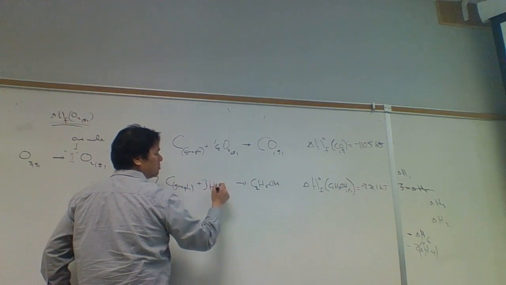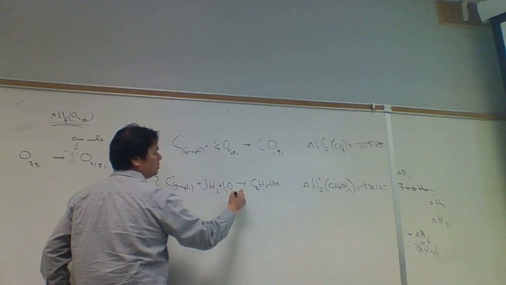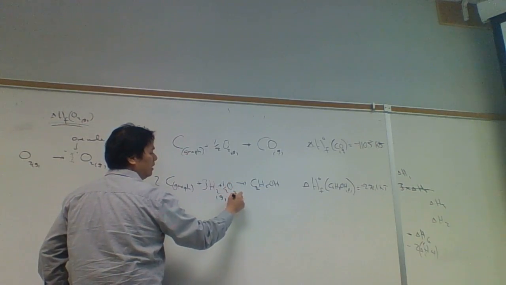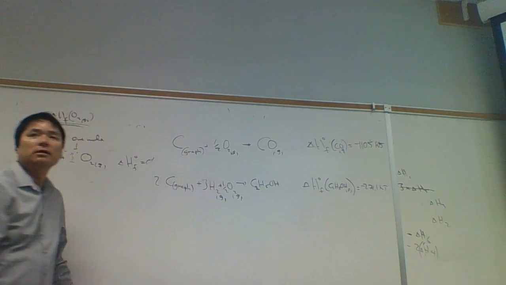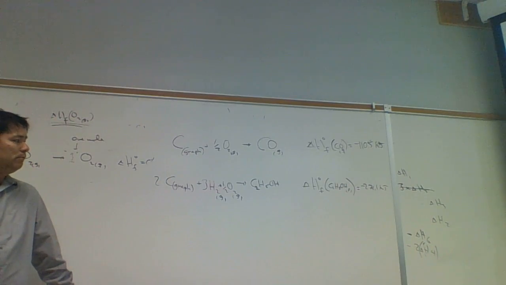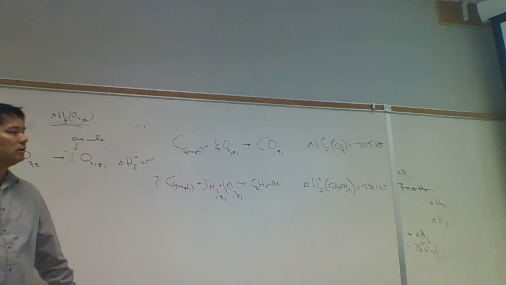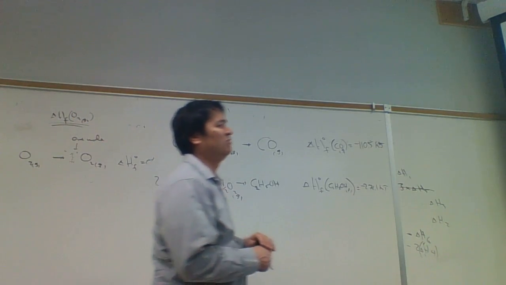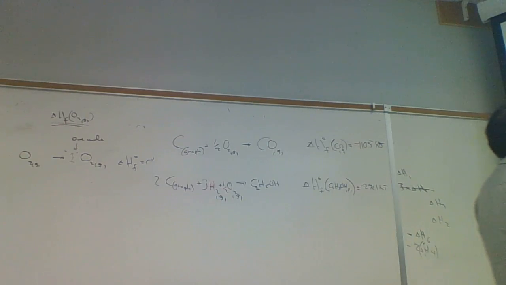And oxygen is O2, so we'll need half a mole of O2 to keep things balanced. Both of these are gases under normal conditions. And so this would be the reaction. But to write out the reactions is not necessary, because as long as you know the definition, it's easy. And it takes up a lot less space.